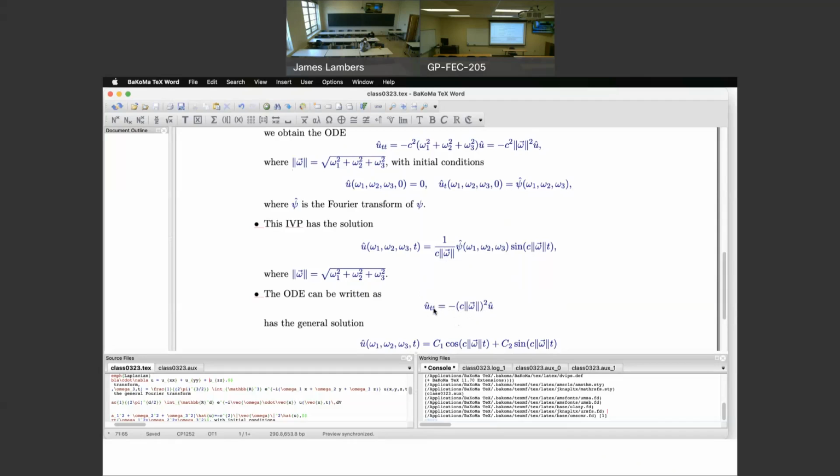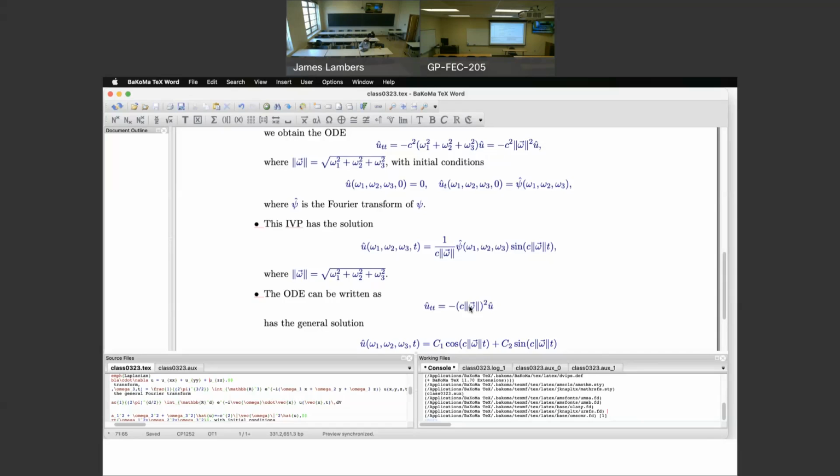Anytime you have a second derivative equal to your solution times minus a constant squared, that should tell you that your solution is a combination of a sine and cosine. Because, for instance, if you have a function sine kx, you take the second derivative, what do you get? Minus k squared sine kx.